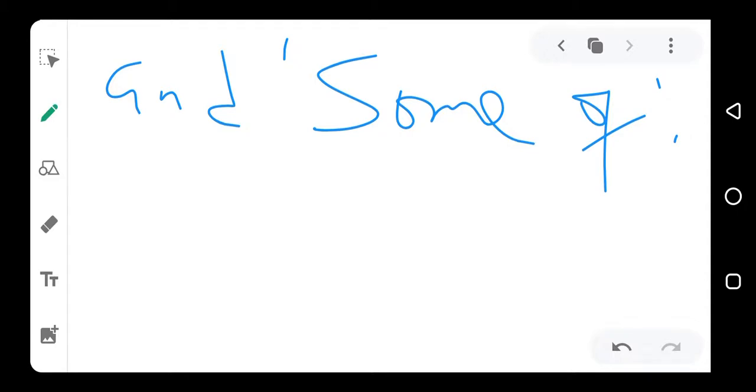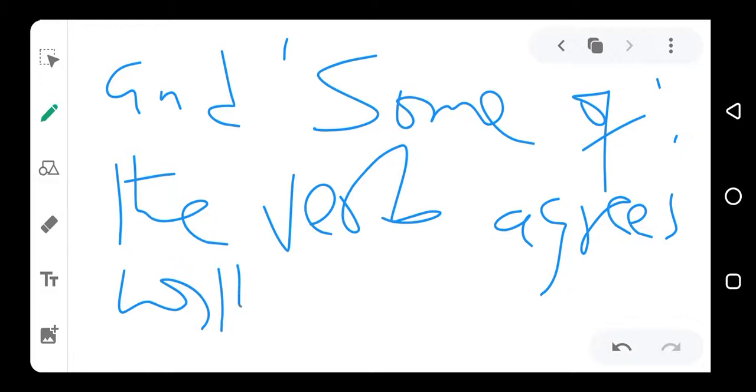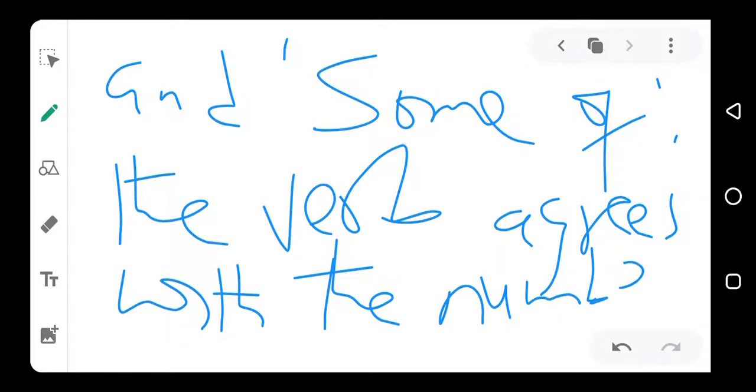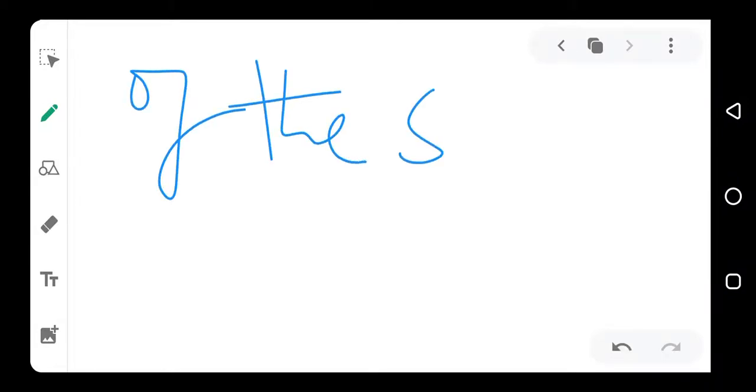We see that the verb agrees with the number of the subjects.